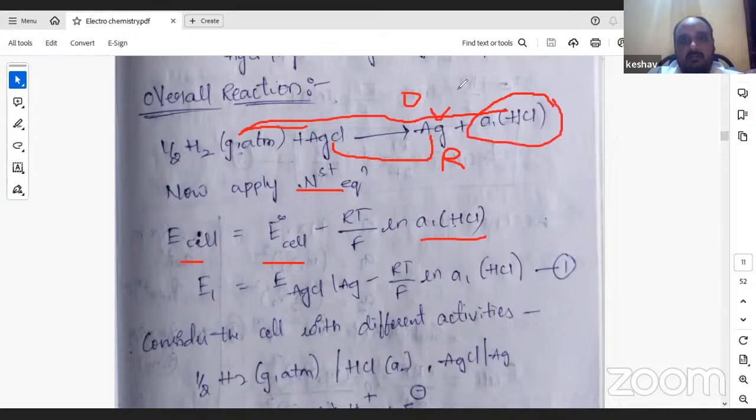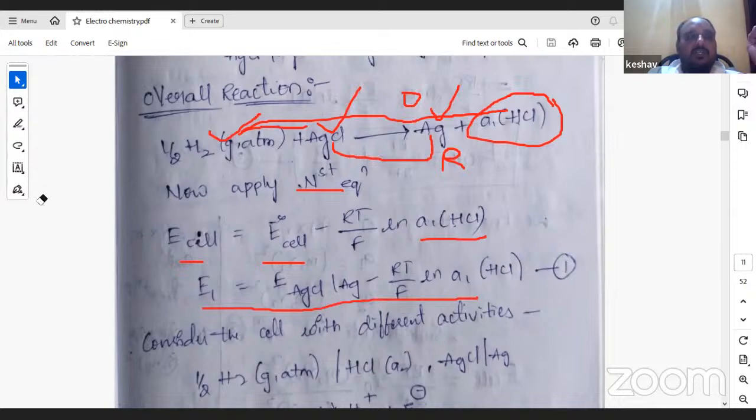Ag is a solid, for solids activity is 1. AgCl is a solid, so activity is unity. H2 is a gas, and for gases also activity is 1. Therefore, here A1 of HCl. So E1 is equal to E naught of HCl minus RT by F ln activity of HCl. This is equation number 1.